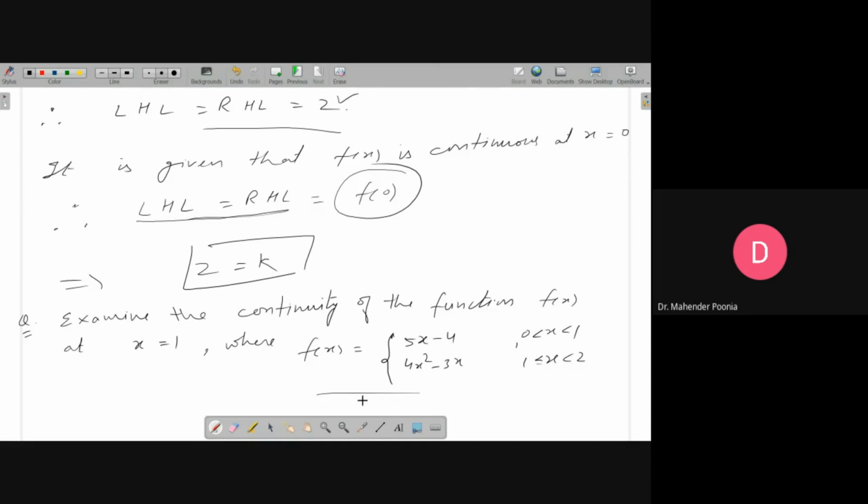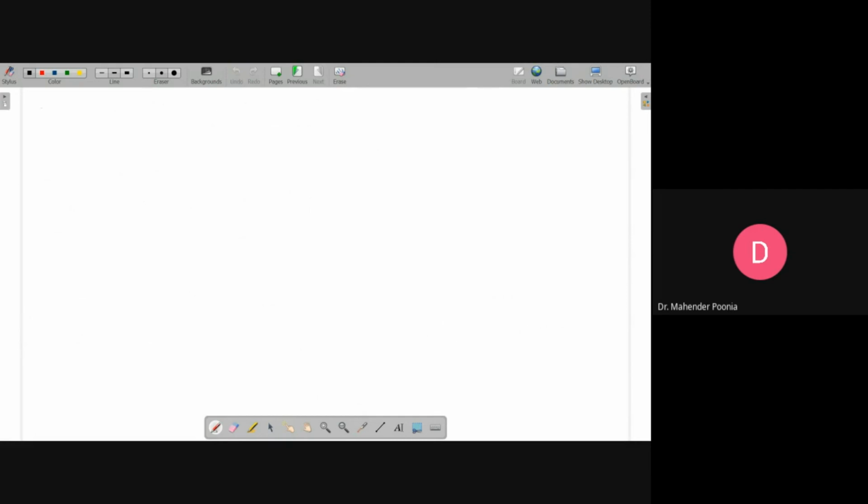That means examine the continuity. First we have to check continuity at x is equal to 1, then f(x) is equal to 4x square minus 3x.